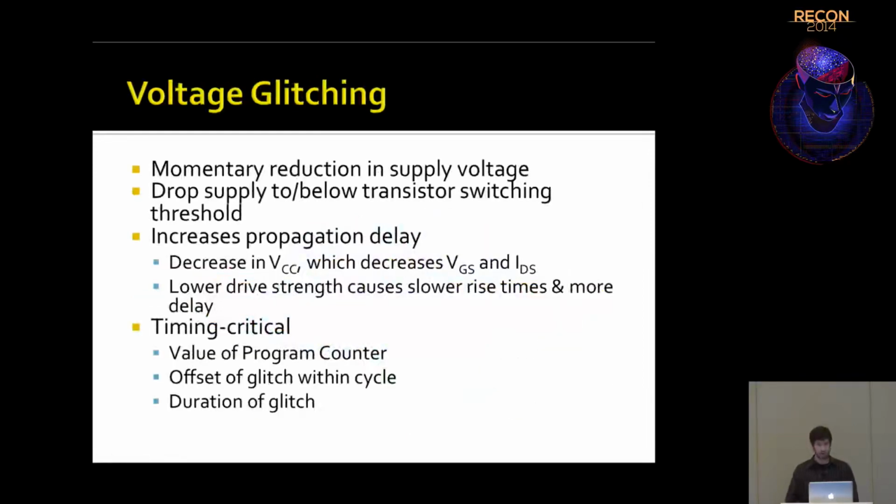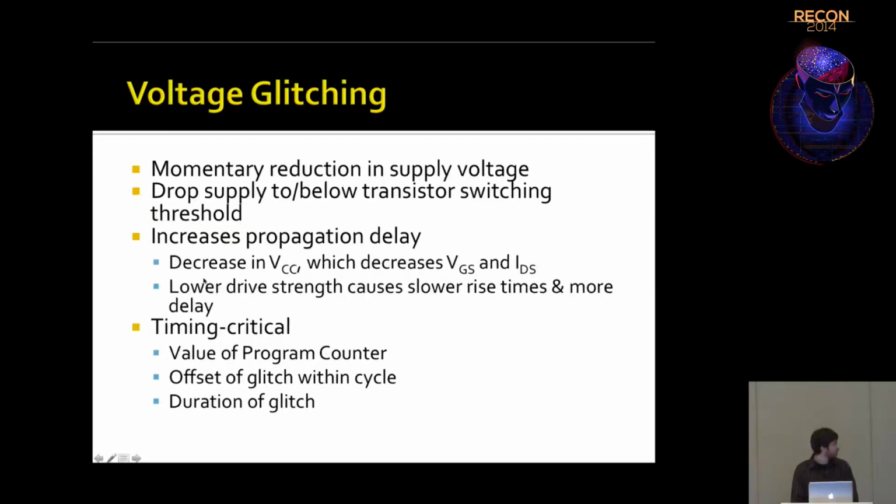So that's clock glitching. The mechanics of voltage glitching is basically a momentary reduction in supply voltage, and you're dropping the supply to or below the transistor switching threshold. And what this does as a side effect is it increases the propagation delay of the signal through the logic chain, because you're decreasing VCC momentarily, which decreases your FET gate to source voltage, and because of just the mechanics of a FET, it's reducing your current drive ability as well.